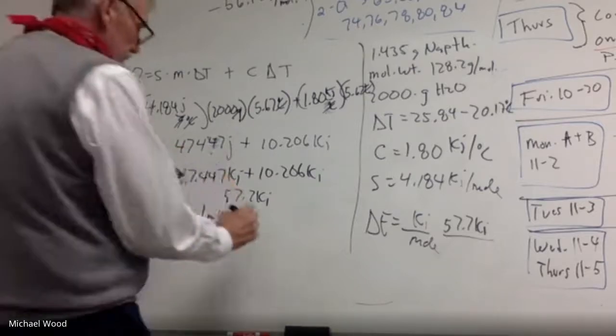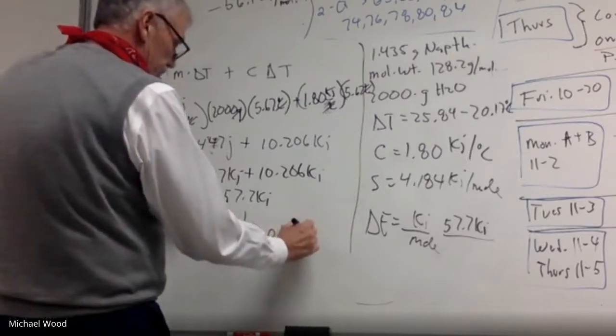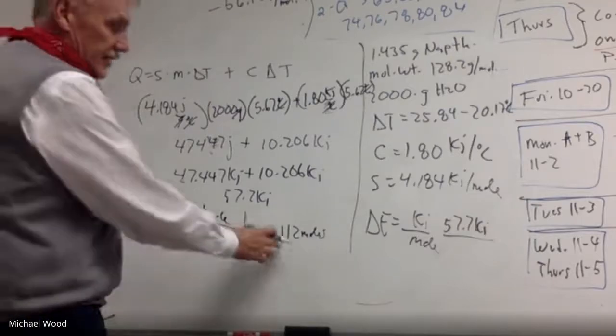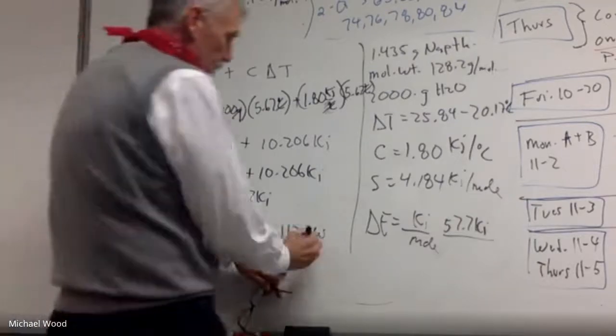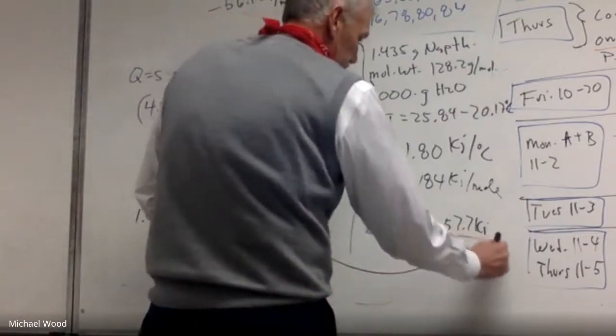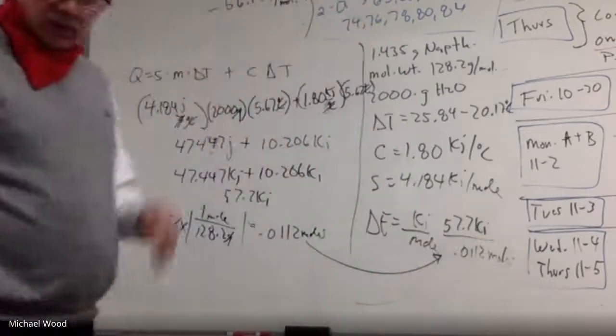That gives me 0.0112 moles. So I solved for moles this time with just a conversion. Then I'll take that and put it right over here. Again, it's like doing 2 separate problems.